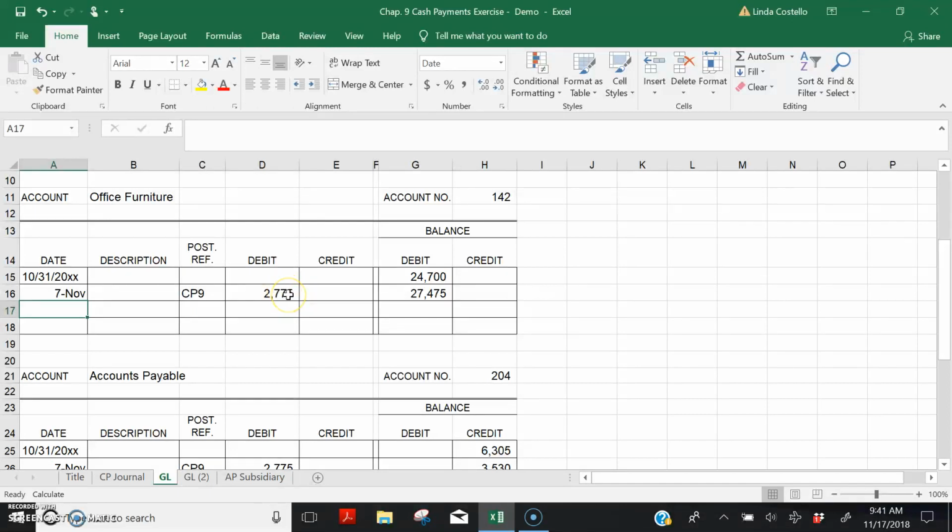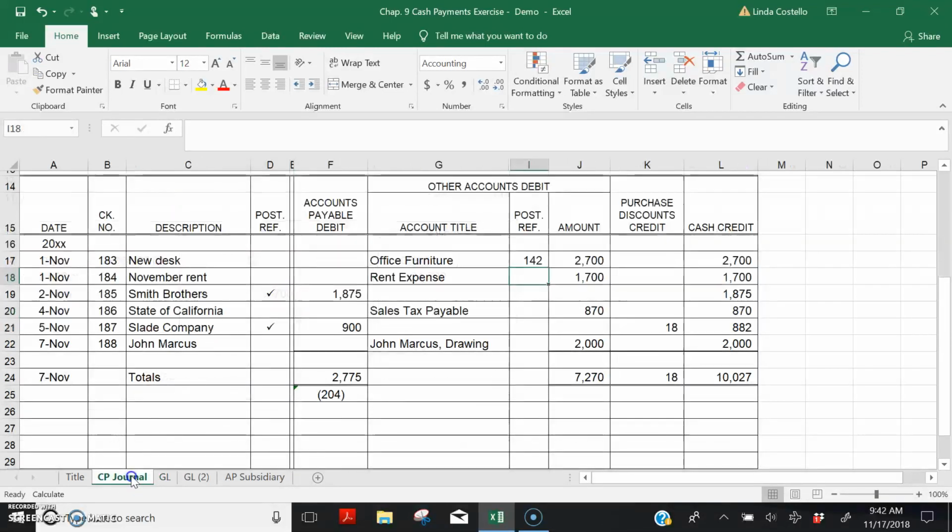Debit $2,700, leaving a debit balance on the account of $27,400. The previous $24,700 debit balance plus the $2,700 debit we just posted. Return to the cash payments journal and put account 142 in the posting reference column next to office furniture.